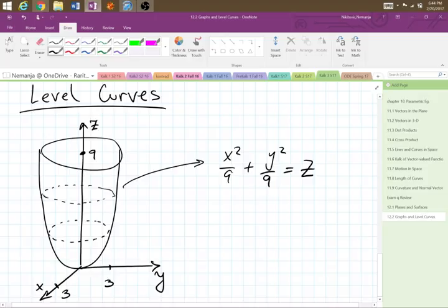So you see that whatever axis it's wrapping around, that's the one that is single.